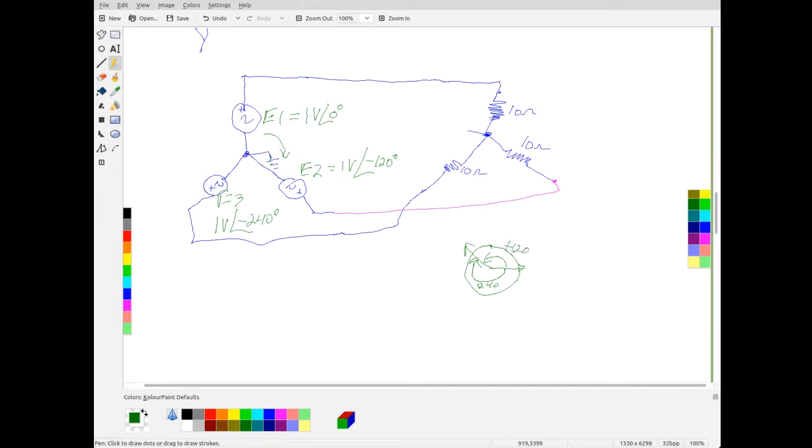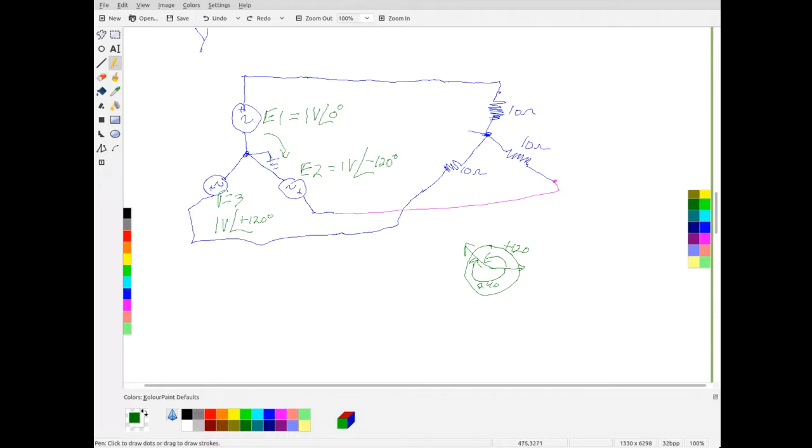So this minus 240 could also be written as plus 120. You could say that E2 is trailing E1 by 120 degrees, and E3 is actually ahead of E1 by 120 degrees, right?